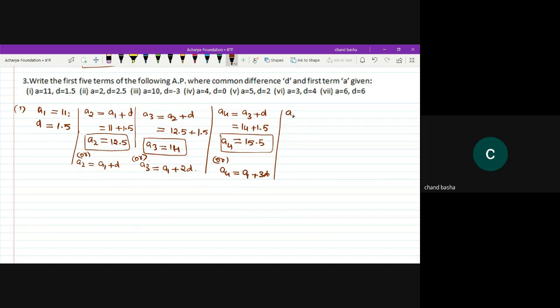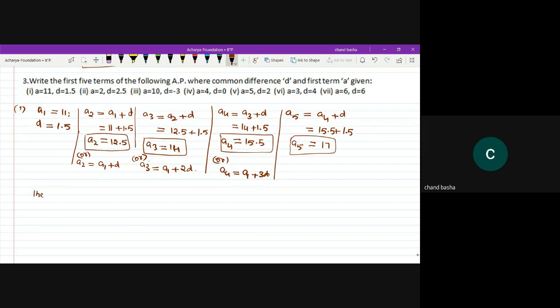Next, I am finding the fifth term, that is equal to A4 plus D. A4 value 15.5 plus D value, how much? 1.5. 15.5 plus 1.5 is equal to 17. A5 value is 17. Sir, what you said, the sequence of numbers, how much am I getting?